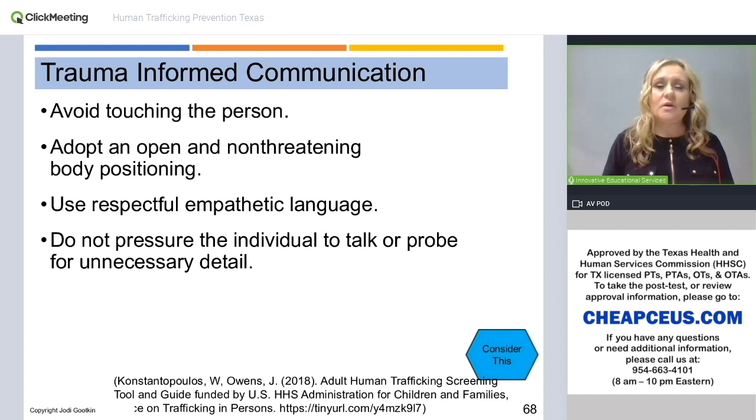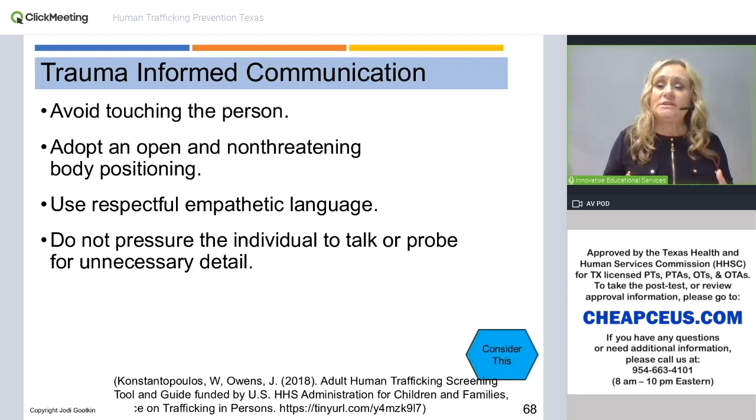In healthcare, we tend to need to touch our patients. We need to be close to them. For individuals who are victims of trafficking, using that trauma-informed approach and communication, we need to recognize that bringing up questions and ideas related to their situation may evoke physical and emotional responses.